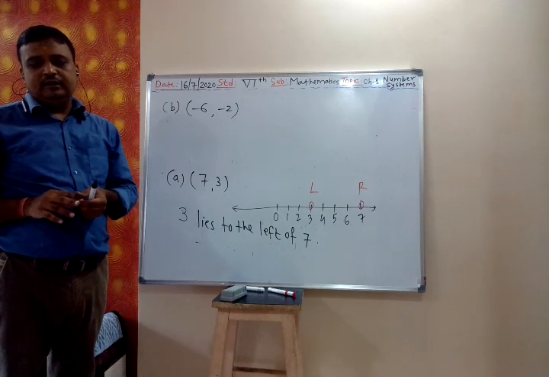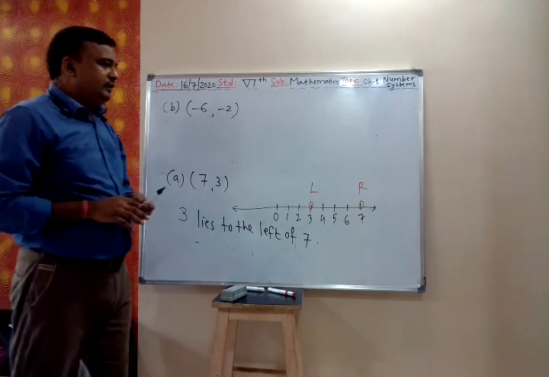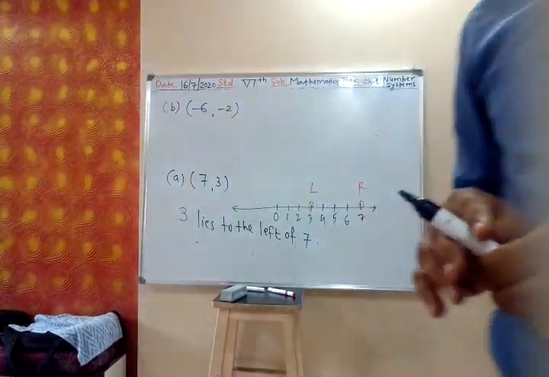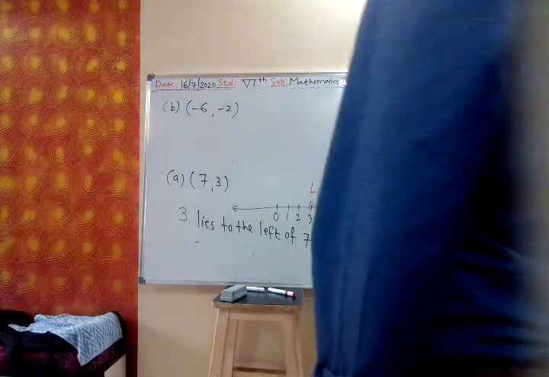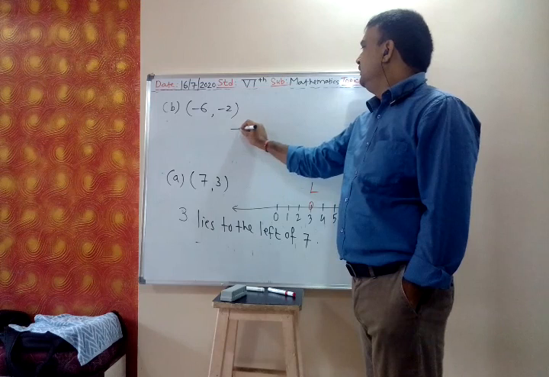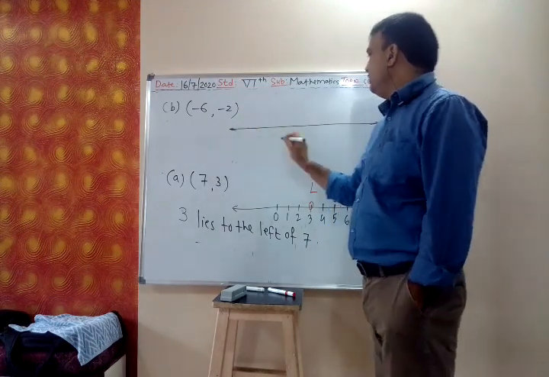Now let us take the next pair, minus 6 comma minus 2. Now it is clear, right? Minus 6 comma minus 2.